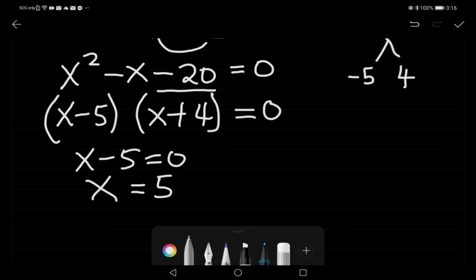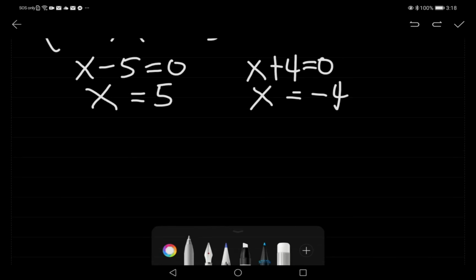Nya, kanang x plus 4, ato siyang i-equal to 0. X plus 4 equals 0. So, ibalhin na ang 4 sa right side, mahimo na siyang negative. So, x equals negative 4.